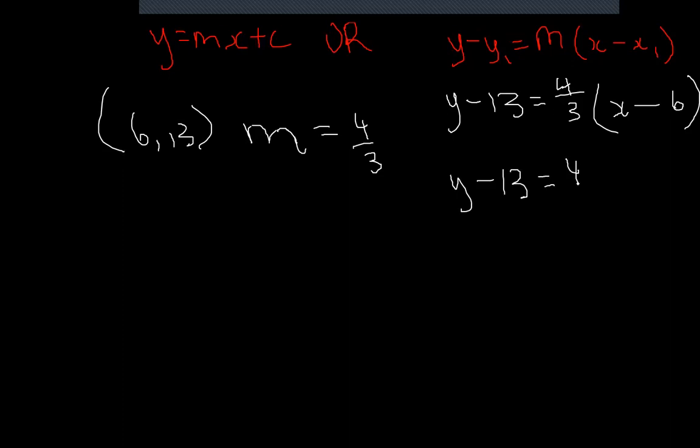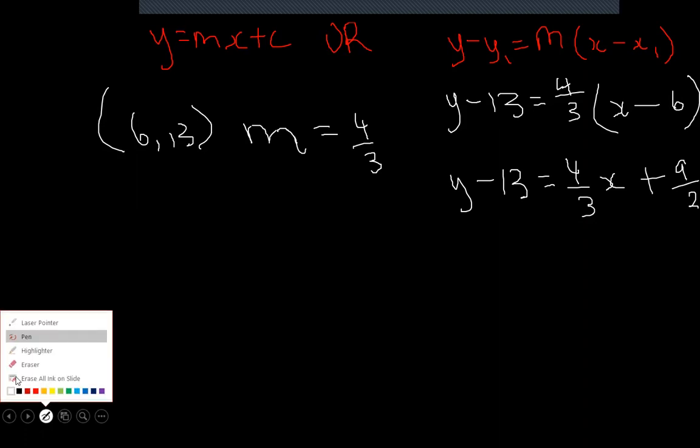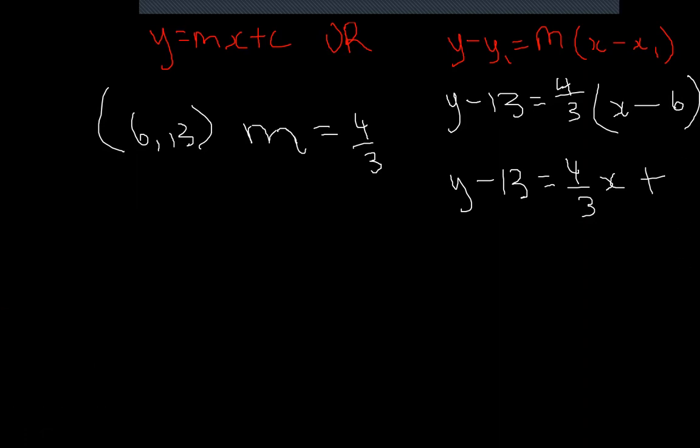We could expand these brackets. 4 on 3 times x is 4 on 3 x, and 4 on 3 times minus 6 is 24 divided by 3, which is 8, right?